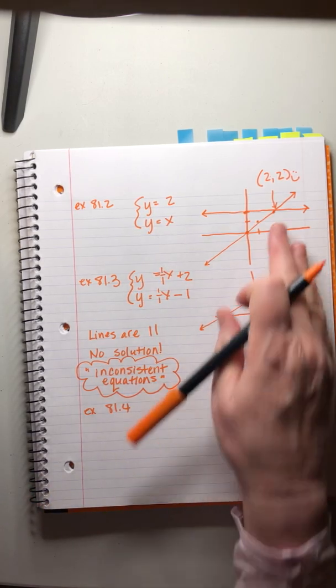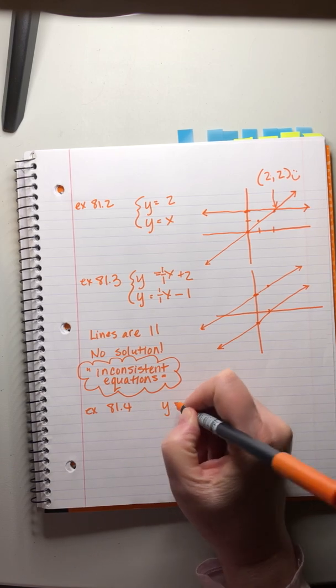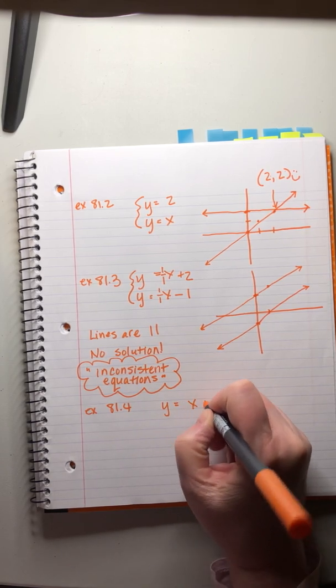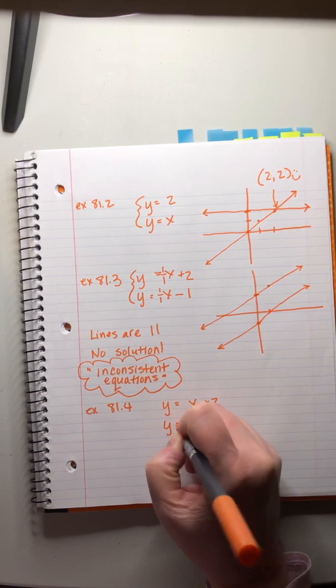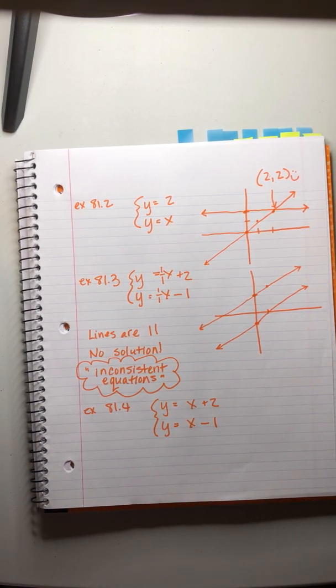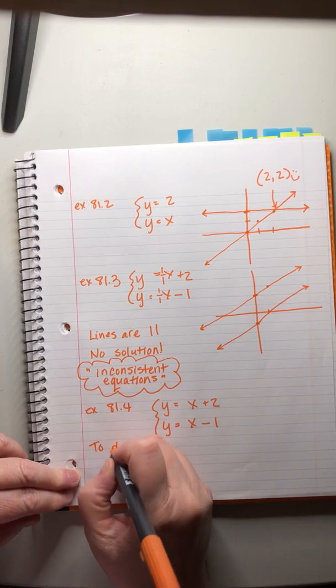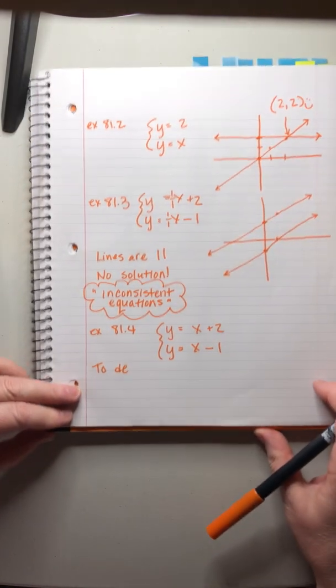That would be the 1 point, like we've seen in the past. So he gives us these 2 equations. Now he doesn't ask us to graph it. He just asks us to determine if there's a solution. There's an easy way to do that. That's way easier than going into all the trouble of graphing.